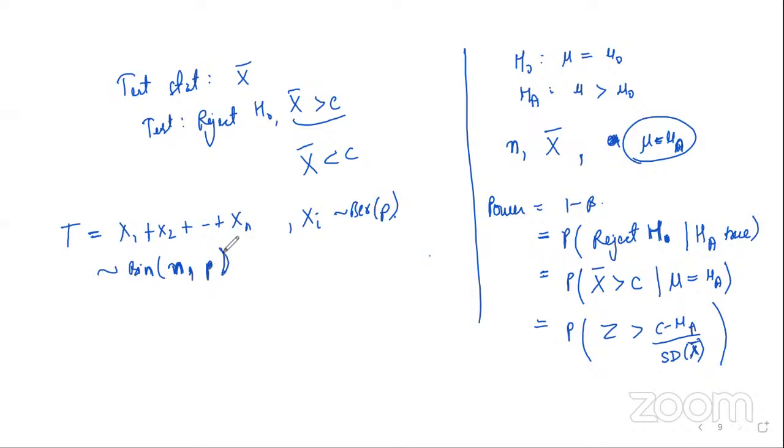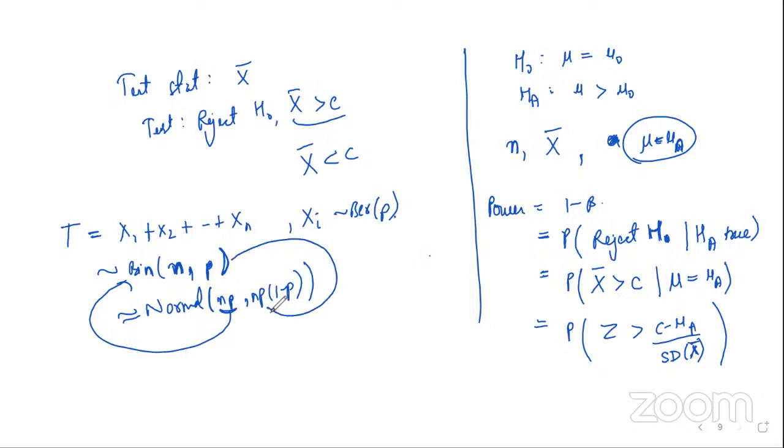Now, if you do the normal approximation to this, it becomes normal with mean np and variance np(1 minus p). So basically np is the mean of the binomial and np times 1 minus p is the variance of the binomial.